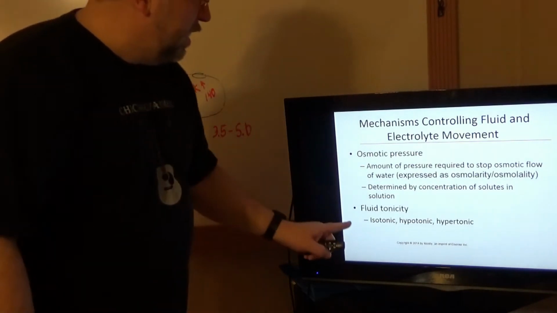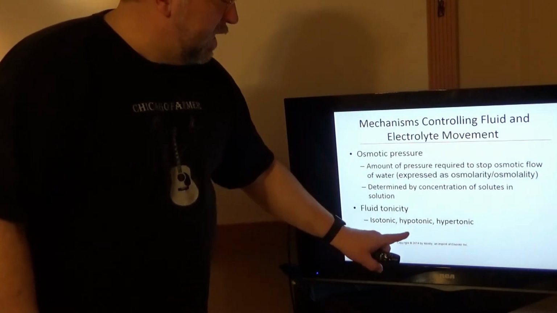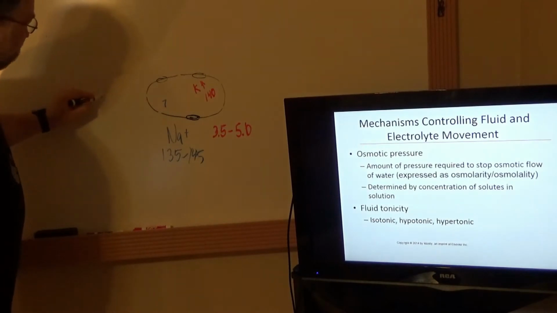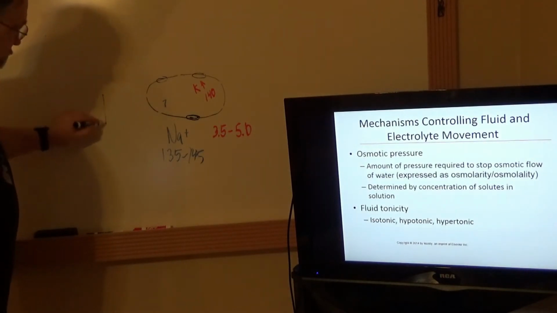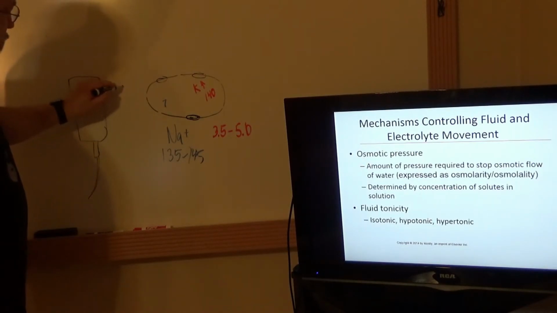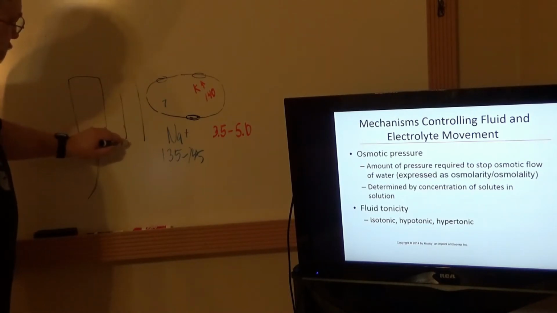Fluid tonicity is, you got isotonic, hypotonic, and hypertonic solution. So let's say you get a bag of IV fluid here. And then you look at a person's body. Let's just say this is their arm. It's coming down here.